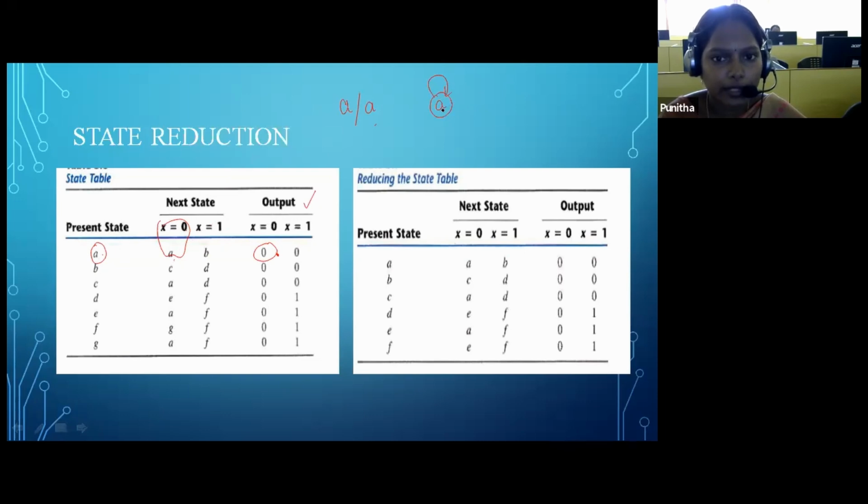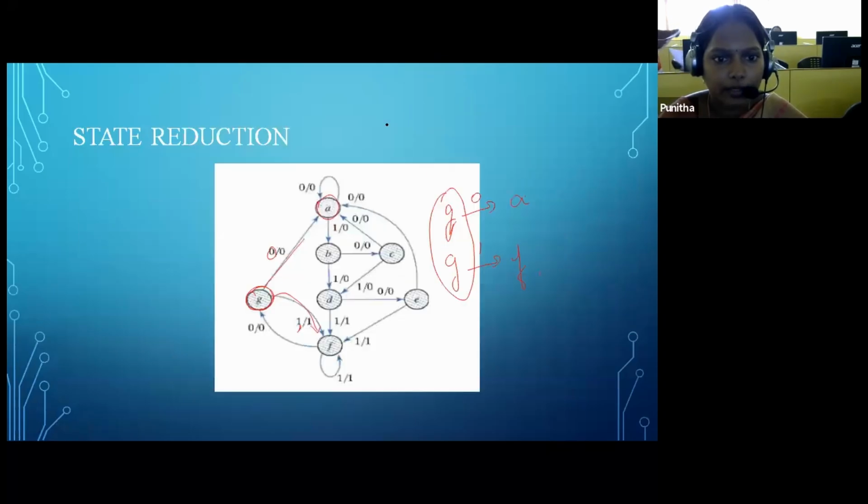The input I'm looking at is 0. I have to read the output from the given diagram and mention it here. Yes, this representation is mentioned here: this is input 0, with the present state and next state both A.